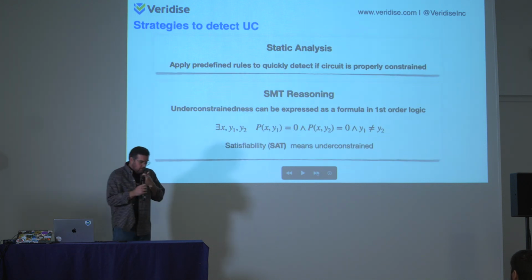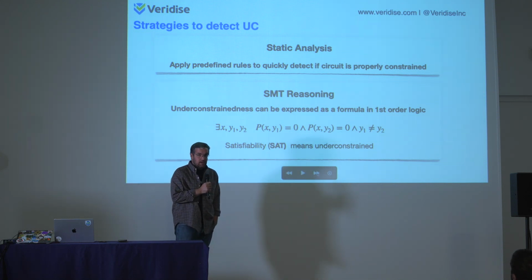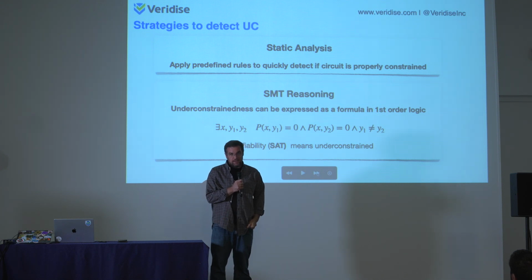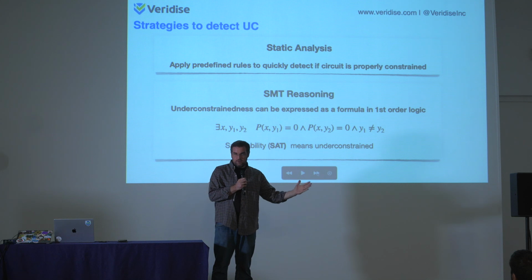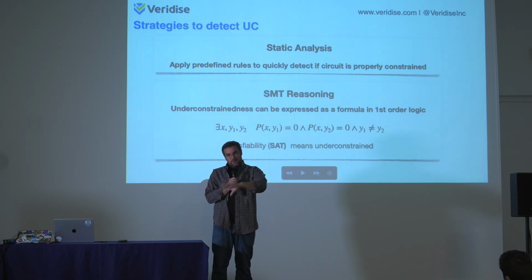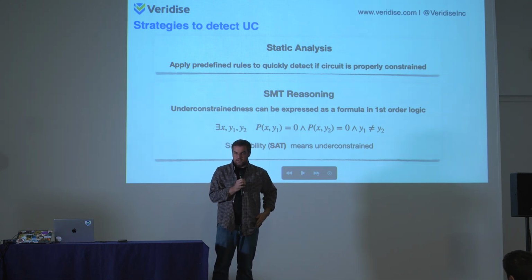Okay, so how would you detect these under-constrained circuits? There's a wide spectrum of tools that you can use, and at Veridise we offer tools from all around the spectrum. Some are very basic but very fast, some are very complex but need more time, and you have a balance between those.